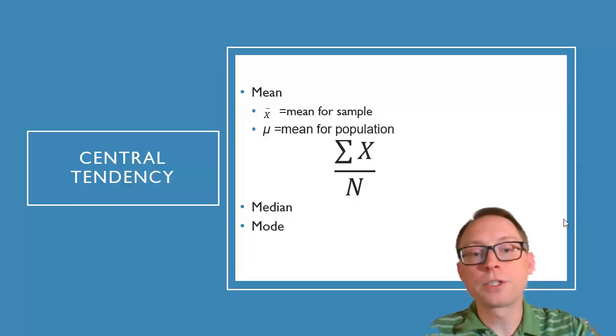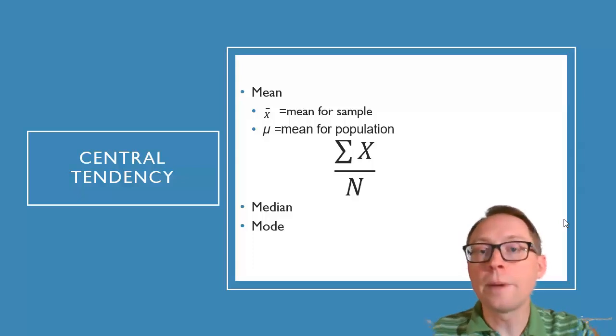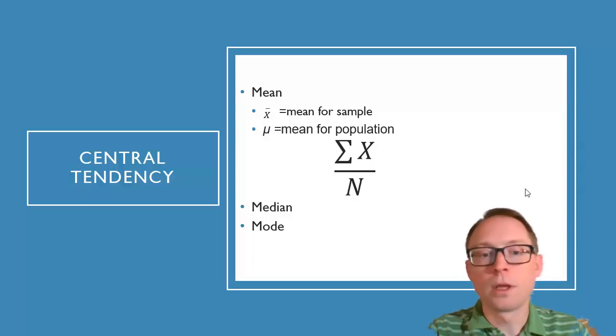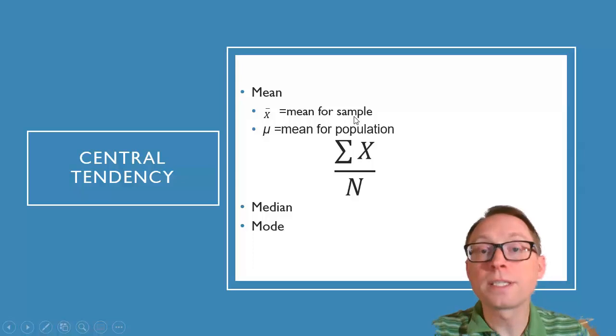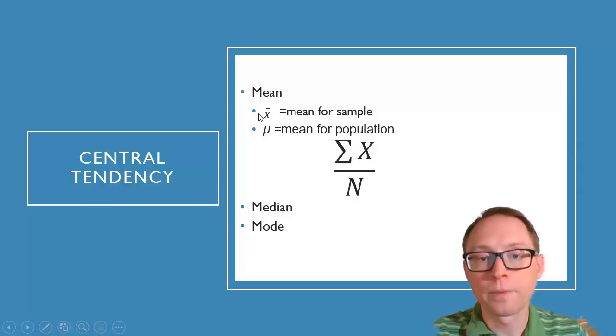Those couple things include that when we talk about the mean, we are talking about x bar and mu. Do you see this right here? This x has a bar over it. This symbol, x with a bar over it, we call it x bar, that is the symbol for the mean. If it's for a sample, the mean of a sample is x bar.